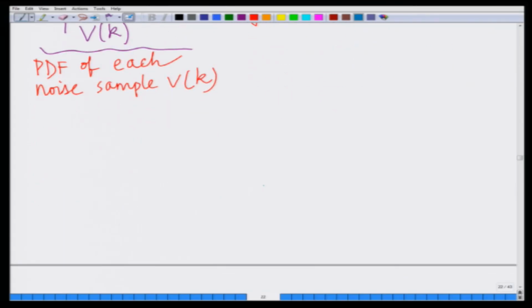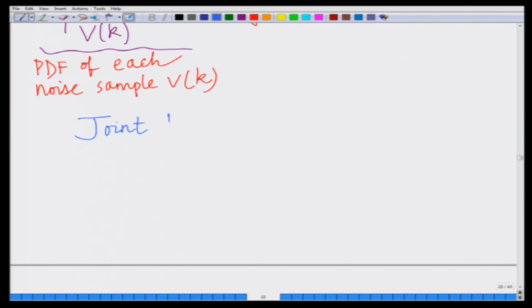Further, realize now that all the noise samples are independent. Therefore, the joint probability density function of these noise samples V1, V2 up to Vn is the product of the individual probability density functions, and this is also something that we have seen before.